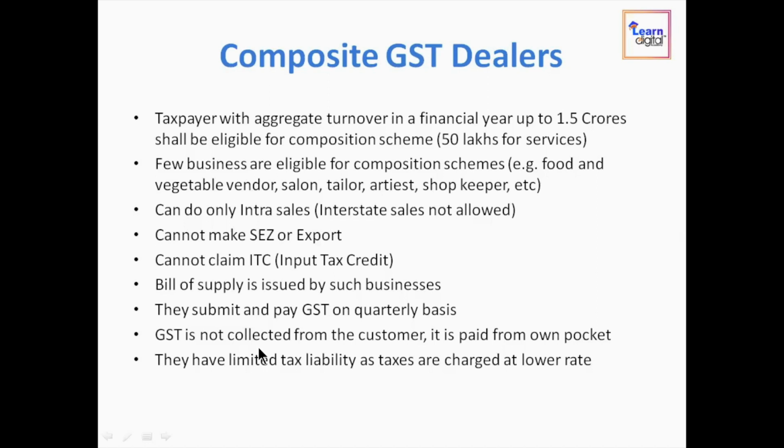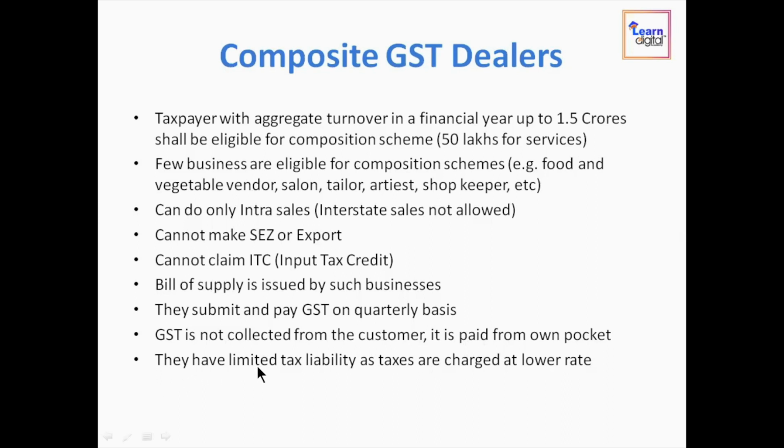See, when we go to a saloon or tailor, they do not charge us GST on the services they provide. Or when we go to a vegetable vendor or food vendor, we never ask, or they never ask us to pay GST on the food. So it means GST is not collected from the customer, but it is paid from the pocket of that dealer.